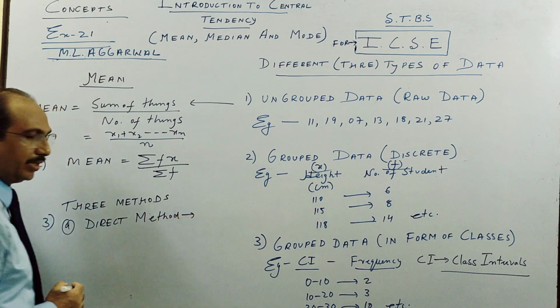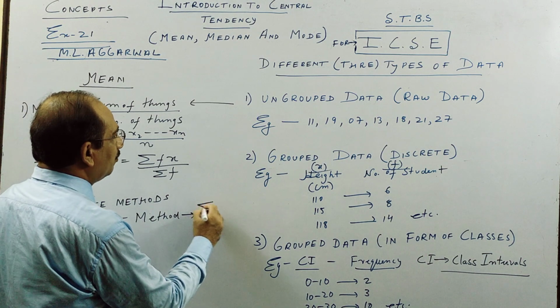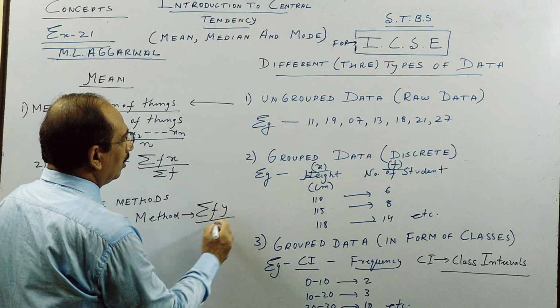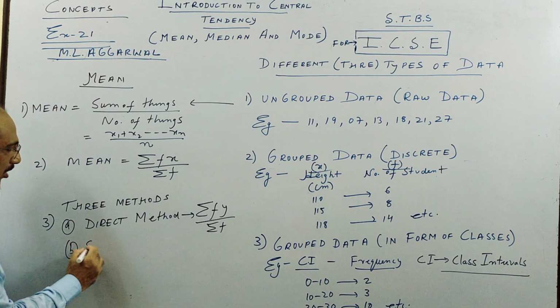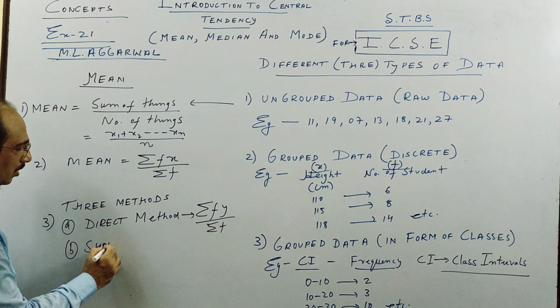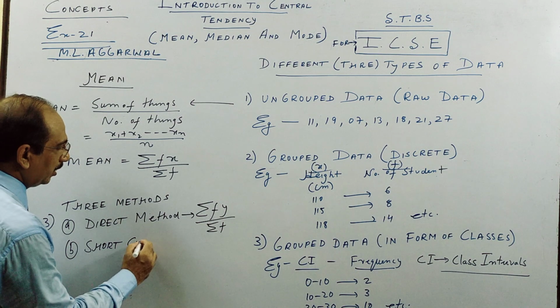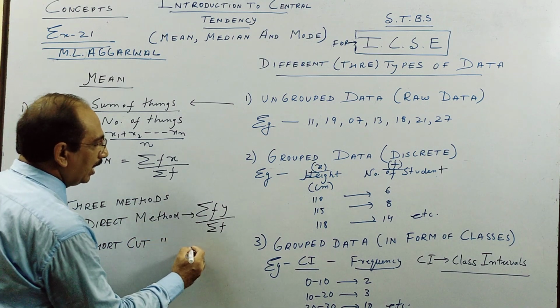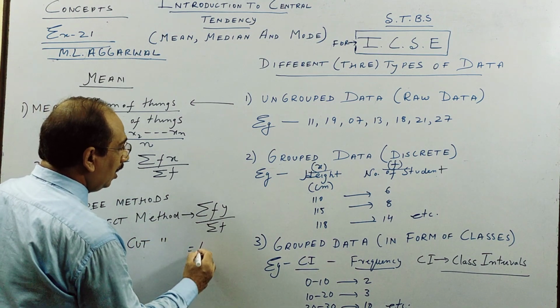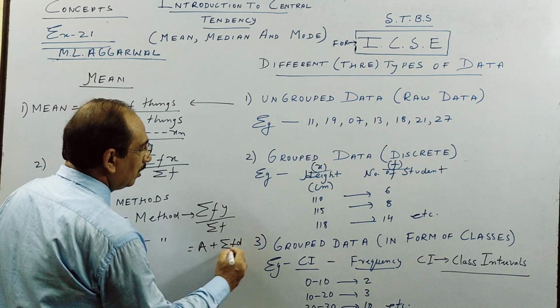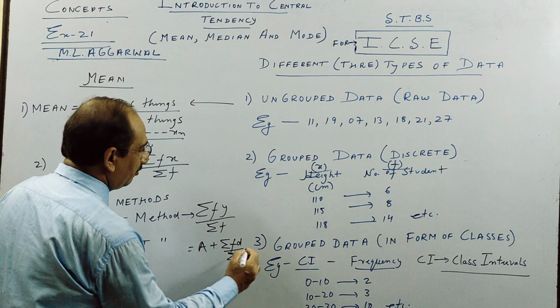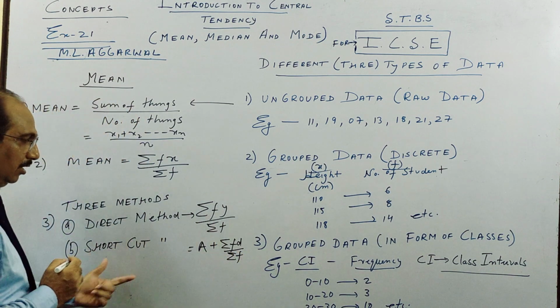Direct method, what we do, children, if you see, summation of fy by summation of f. Number 2 we call the shortcut method, where we have assumed mean a plus summation of fd by summation of f. So this is my second one.